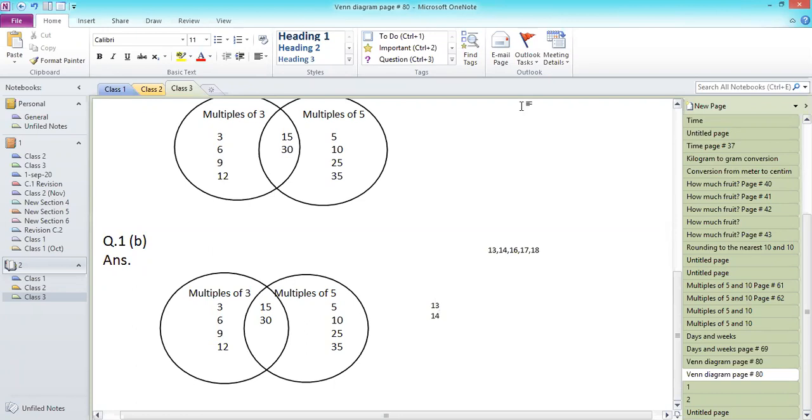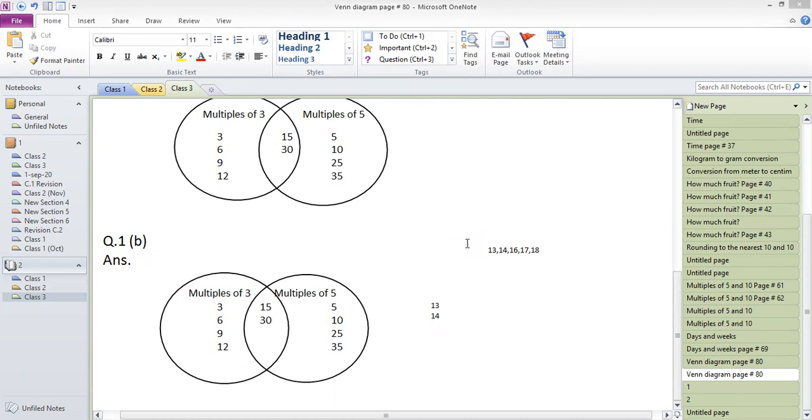What about 16, guys? Where should I write 16? It is not 15, it is 16. Outside.